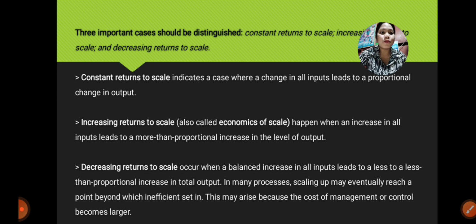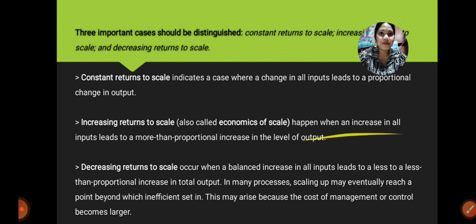This may arise because the cost of management or control becomes larger. For example, if the input is increased by 3 times but the output is increased by only 2 times, the firm or the economy has experienced decreasing returns to scale.